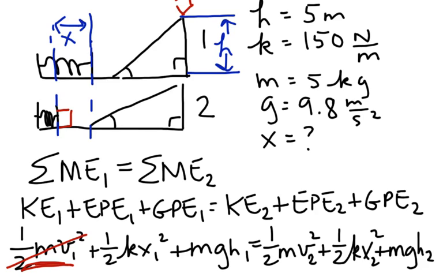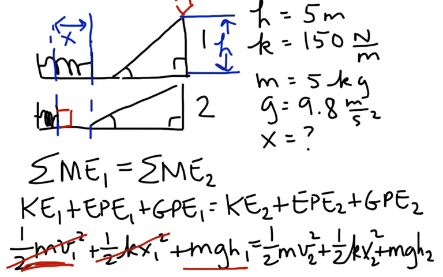This term drops out. In case 1, when we look at the next term for elastic potential energy, there's no spring involved in case 1. It's just the block at the top of the incline. So your x sub 1 is 0, and this whole term goes away. So the only term I'm interested in case 1 is gravitational potential energy.